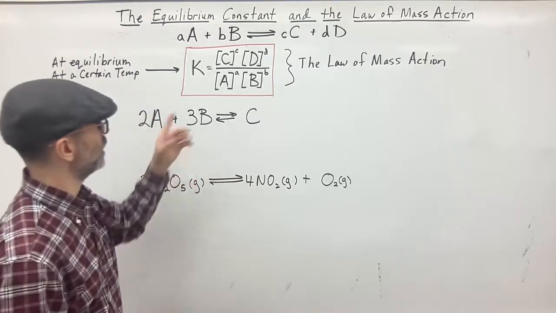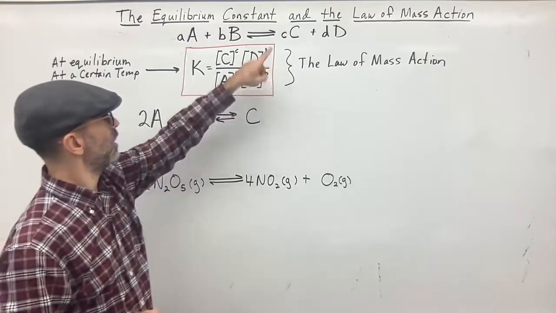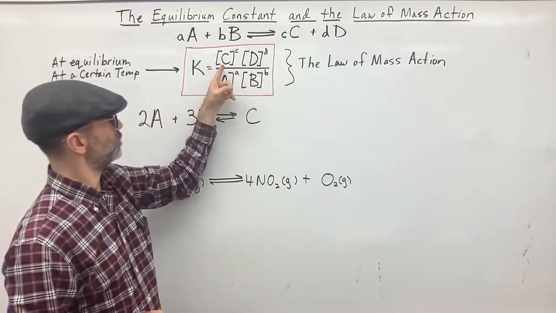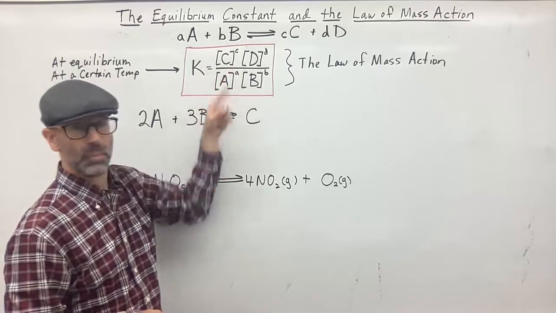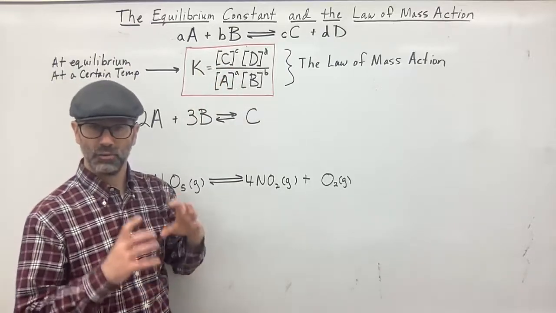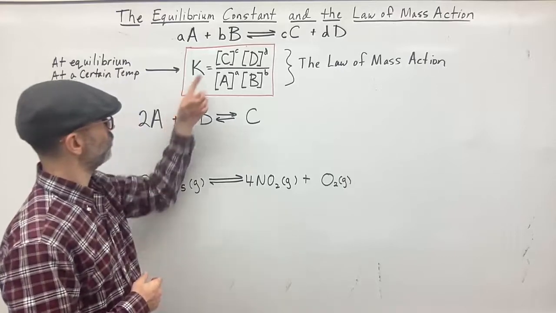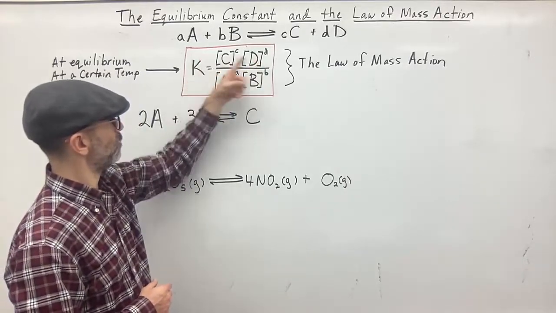What we see here is that the products are put on top. You can see that we have these square brackets, and remember the square brackets represent concentration of that substance. So on the top you have the products.